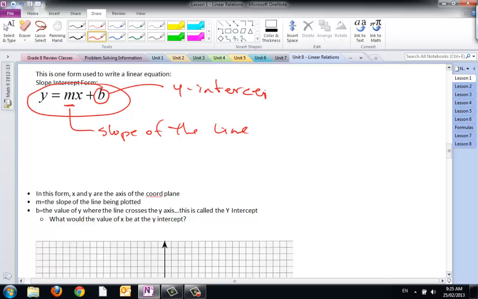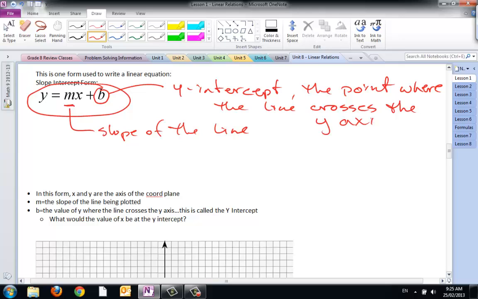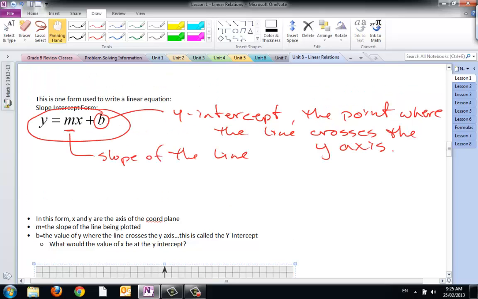And the y-intercept is the point where the line crosses the y-axis. The y and the x are just the two variables that represent the y and the x-axes, and we'll use those as we go along.